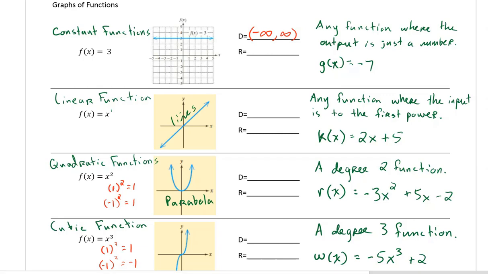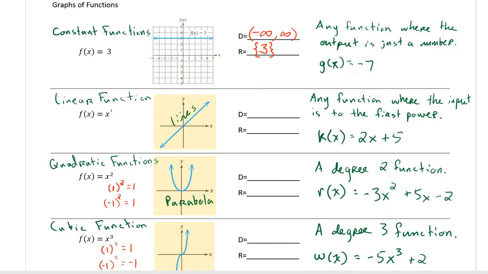The only y value there, everything maps back to the y-axis as a 3. So that means the range only comprises a 3. And the way we say that, we're not going to use interval notation because it's a single value, it's not an interval. So we just use set notation, because set notation is for when we have exact values. So that'll be how we express the range.